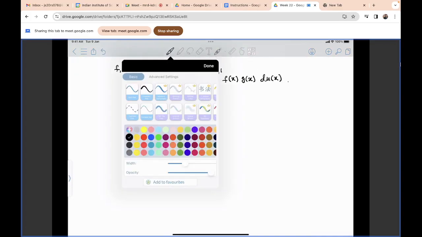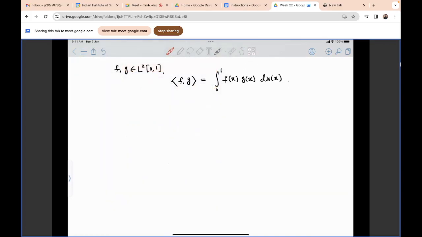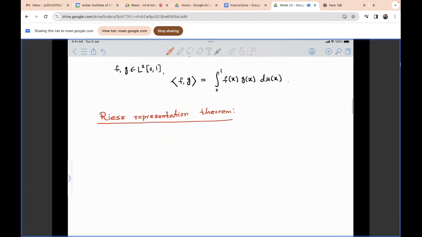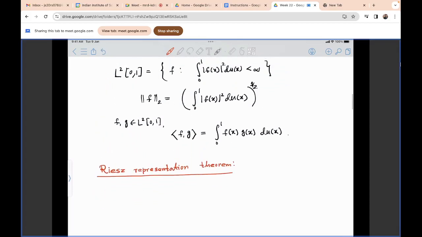So let me write it first. I am writing the Riesz representation theorem for this Hilbert space L2[0,1] only.